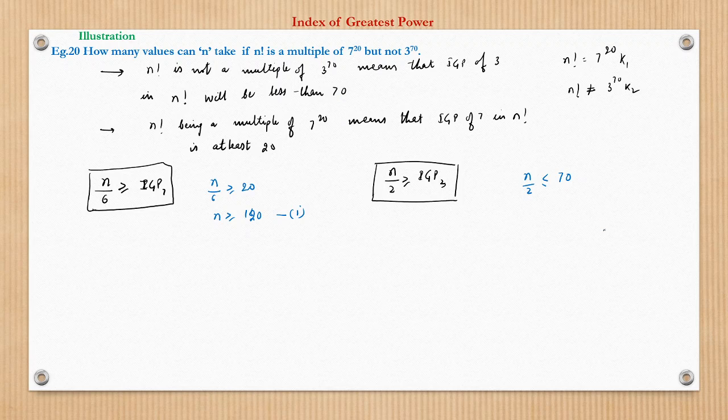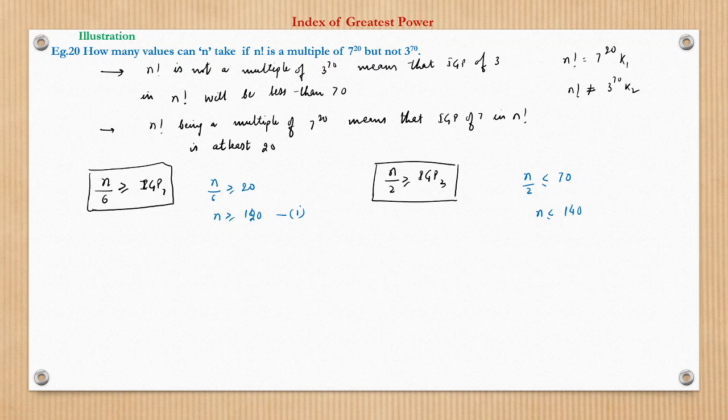So IGP can be 69, but IGP cannot be 70. So n will be less than or equal to 140, right?